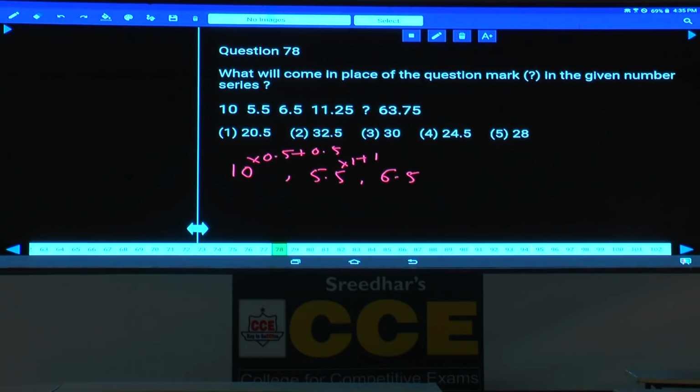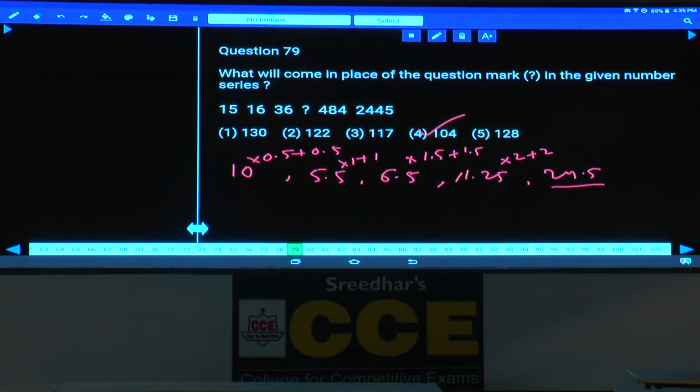And 6.5 into 1.5 plus 1.5 is 11.25. Then 11.25 into 2 is 22.5 plus 2 is 24.5. Among the given choices, 24.5 is given in choice 4 itself. Hence, question number 78 is choice 4.